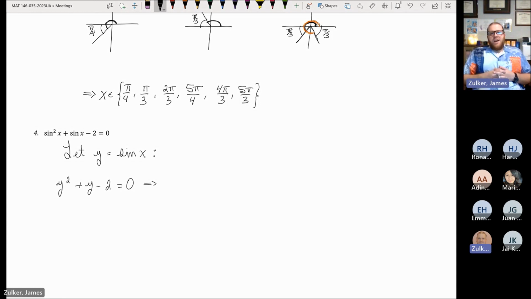And we know how to solve quadratics. Can this be factored? Yes, it can.